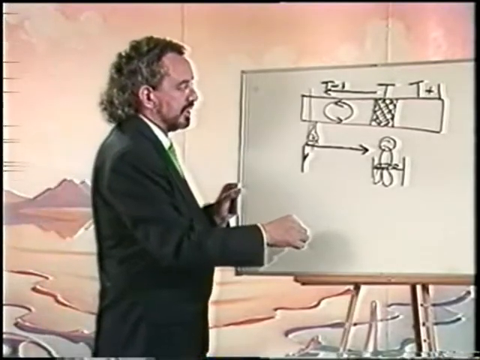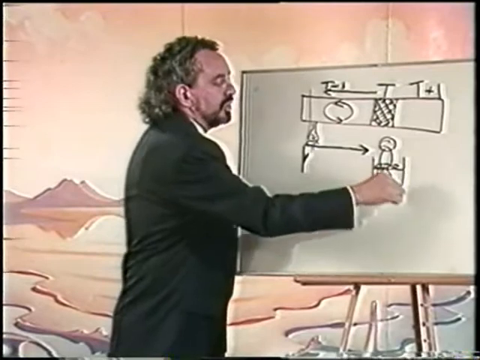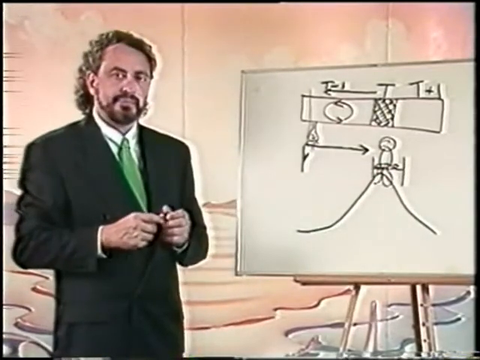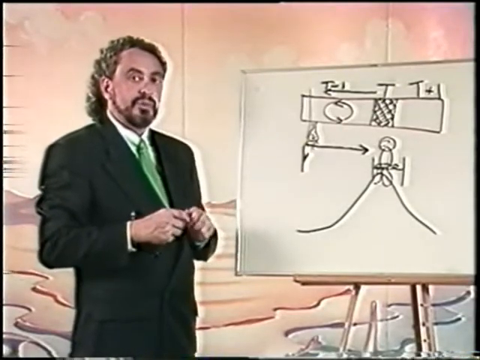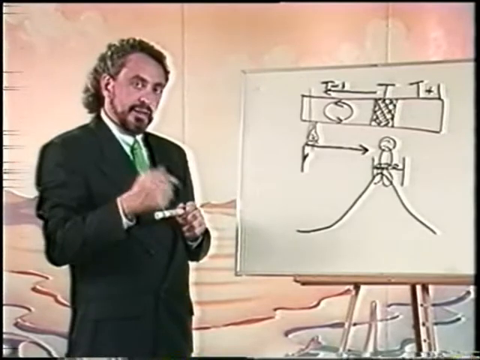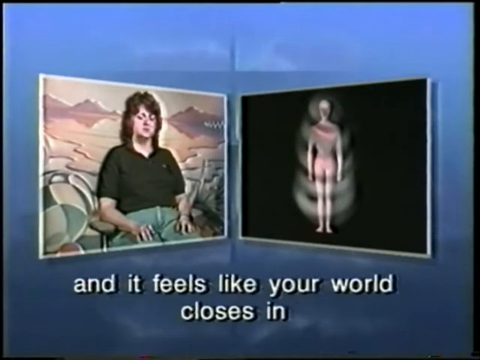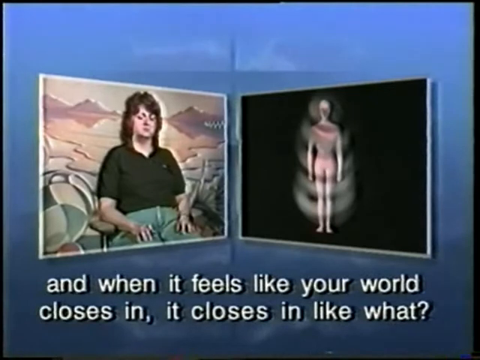And the implications of this are thus. Things are always going to go from bad to worse before they get better. So as we grow the symptoms towards T, we discover that things go from bad to worse. Feels like my world closes in. And it feels like your world closes in. And when it feels like your world closes in, it closes in like what? Narrowing, suffocating.